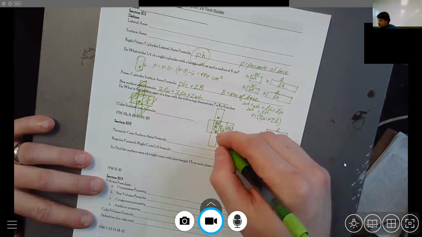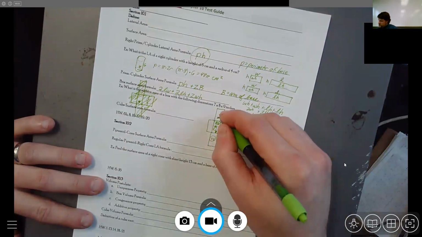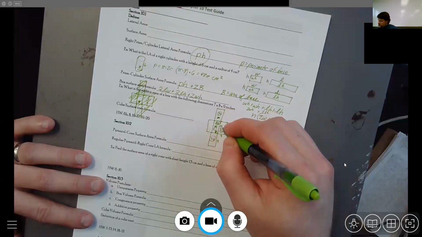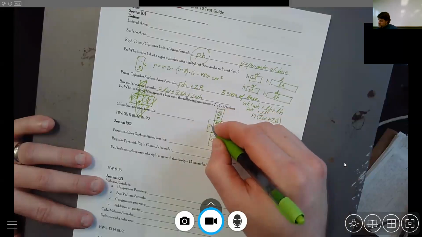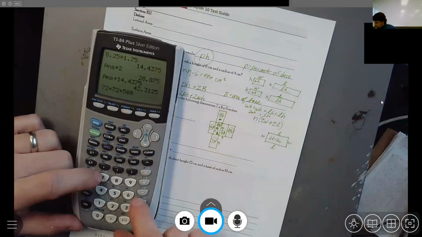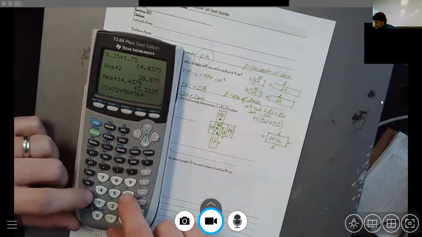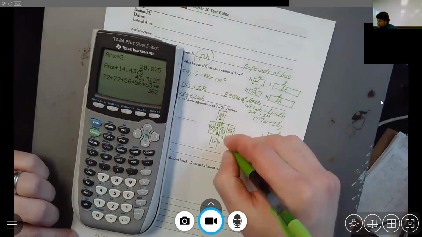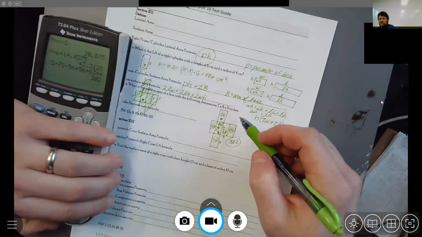My sides are 8 by 9, that's 72, 72. And then this here is the same as this side here, so 63. You could add those all together. So 72 plus 72 plus 56 plus 56 plus 63 plus 63 gives me 382.